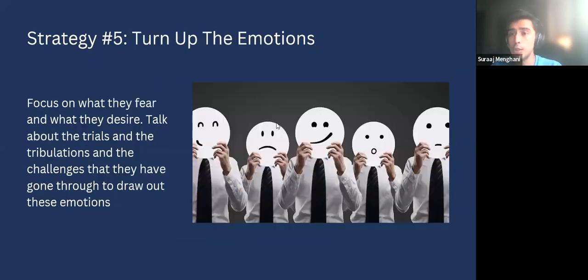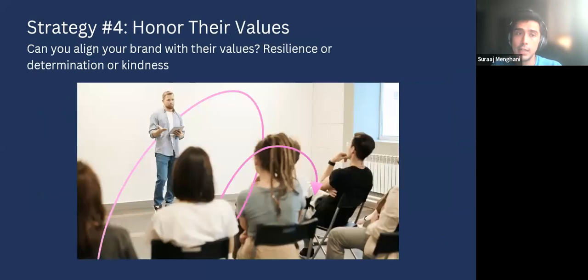Turn up the emotion is Lodha's strategy. Honor their values, if I think about it. Which brand values kindness too much? Dove. Sincerity, kindness.